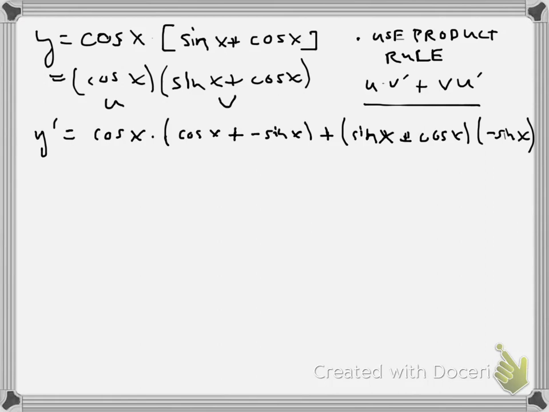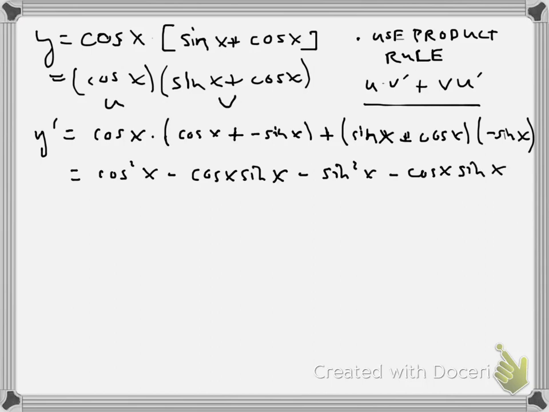Obviously we have a lot of cleaning up to do here, so we get cosine squared x, by distributing, minus cosine x sine x. And then when we distribute on this side, we get minus sine squared x, and then minus cosine x sine x.